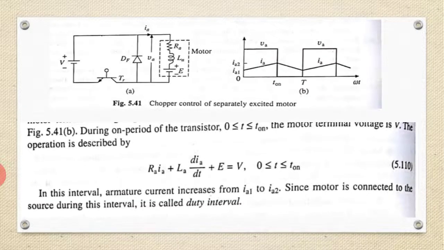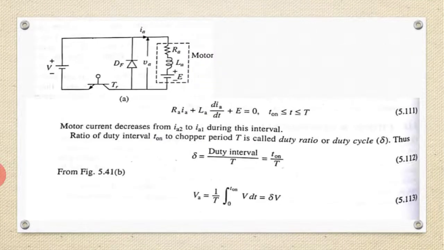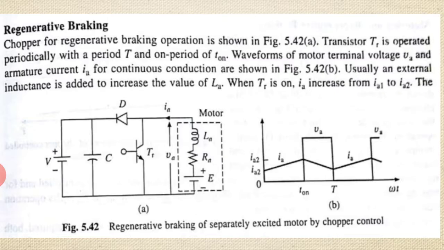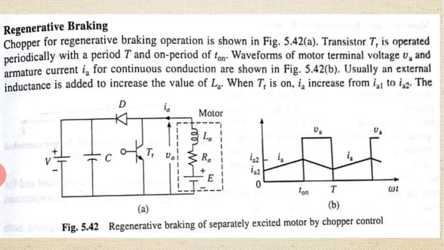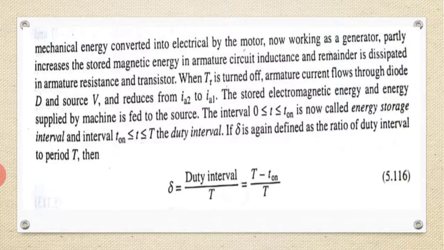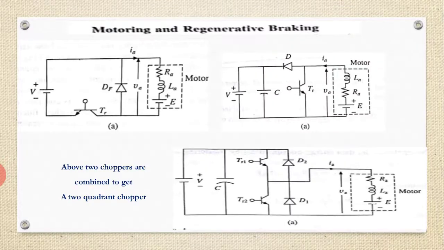Second, I discussed regenerative braking. The circuit was implemented independently, and I discussed how it operates, along with some equations. Combining the motoring and regenerative circuits gives two quadrant operation, the two quadrant chopper. Namely, class A is the motoring chopper, the first quadrant chopper.